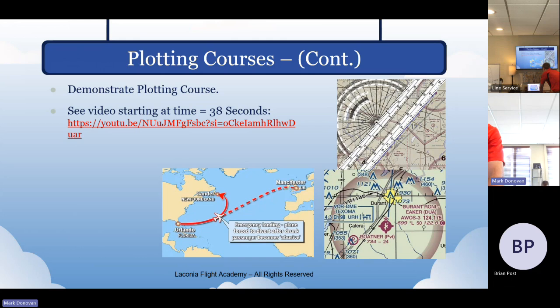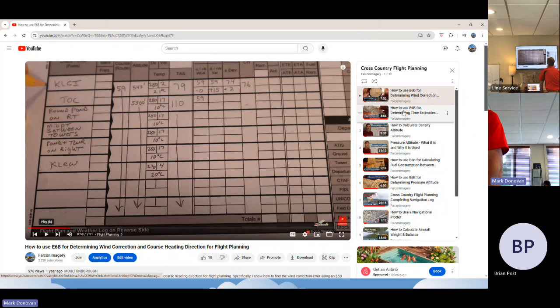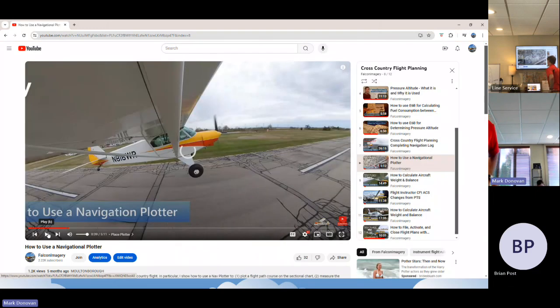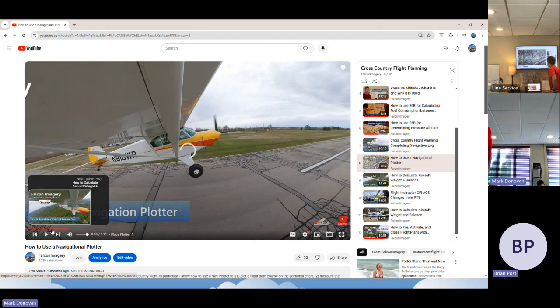Okay, so go back to that. There it is. All right. How do you use a plotter? Yeah, this is it. There we go. All right, Brian, can you see that fully now?